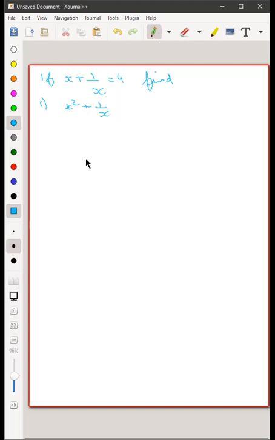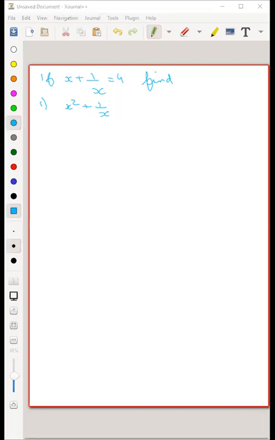You should be able to do this mentally by now. Ramya, start solving. Come on, these are basic questions. We've done this earlier also. Sorry, this is 1 upon x square.